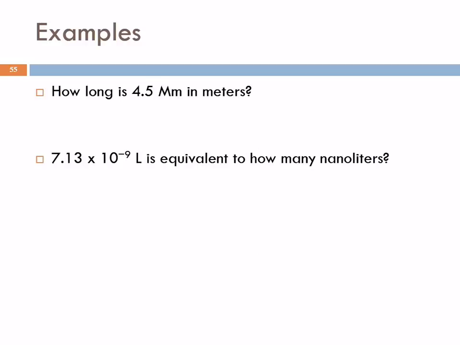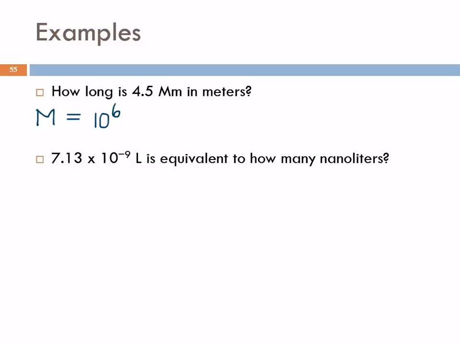So let's do a little bit with those. How long is 4.5 megameters in meters? We first have to ask ourselves, what does mega mean? Capital M is what? 10 to the 6. So, you know, when they say the movie star is making mega bucks, millions of dollars.